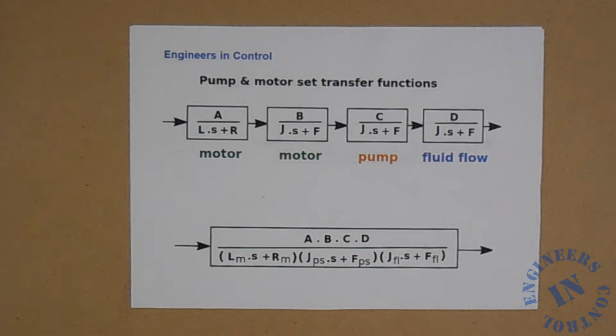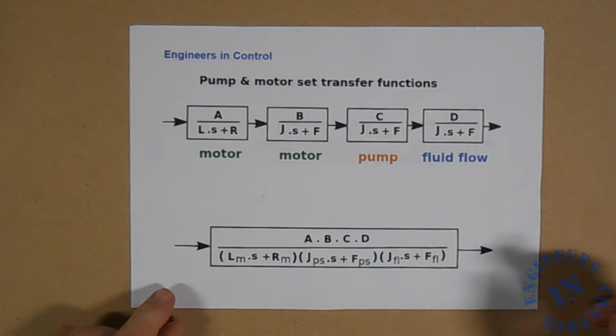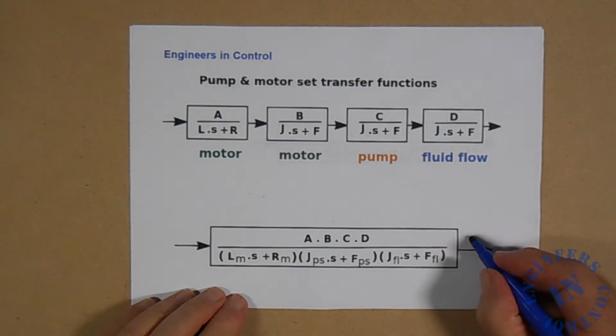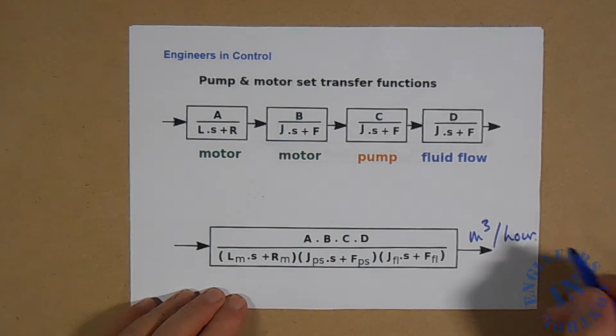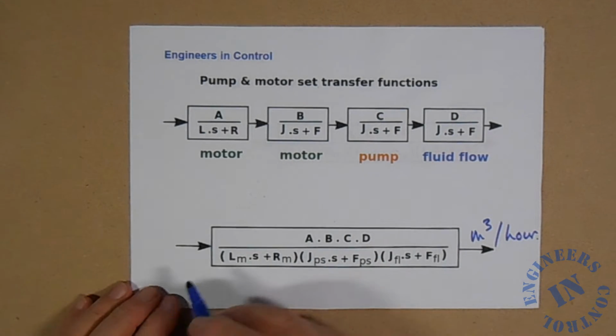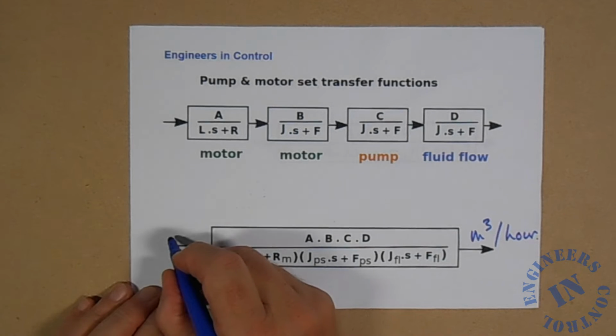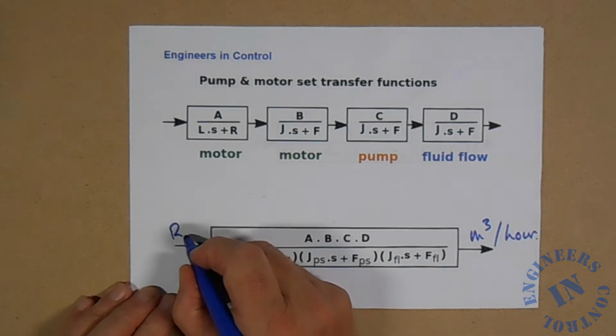Now you may remember in talk number 11, we developed a single process transfer function relating pump speed to the fluid flow rate in cubic meters per hour. So we need to add those variables in. So the fluid flow is cubic meters per hour, and the pump speed that we're feeding into here is revolutions per minute.